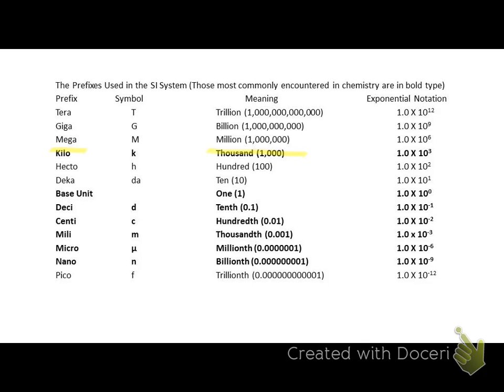So let's go with mass again. The base unit for mass is the gram. So if I have what is known as a kilogram, then that means I have 1,000 grams. And so you can look at this as 1 kilogram is equal to 1,000 grams, because kilo means I have 1,000 base units.